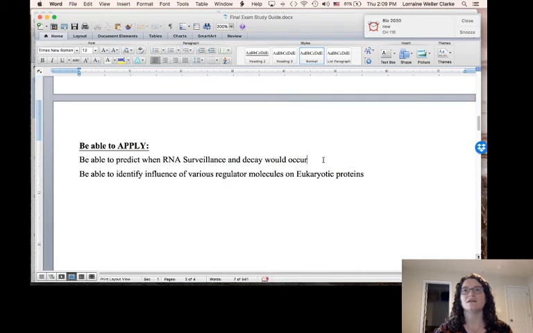And then one of the key things we talked about was RNA surveillance, that was the nonsense-mediated decay. So if you see that there's an error that makes a nonsense mutation far up, basically you would know that RNA surveillance would happen. So if I told you that that's what happened, then you would indicate how that would be regulated by the cell. Okay.